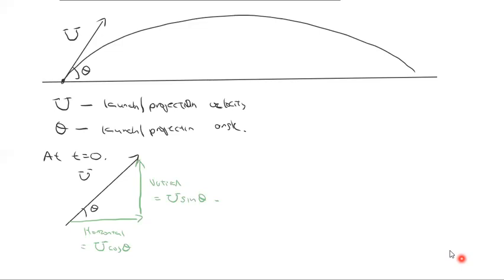If we're using capital U here, then at t equals 0 the initial horizontal velocity, which in physics is usually given the letter ux, equals u cos theta.